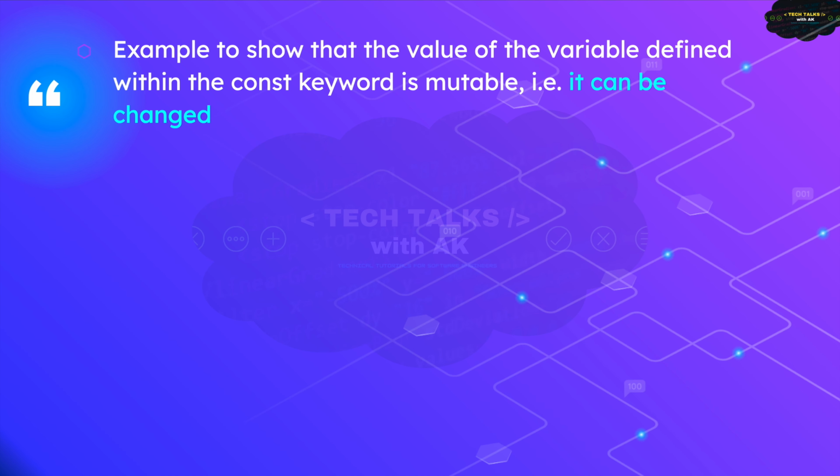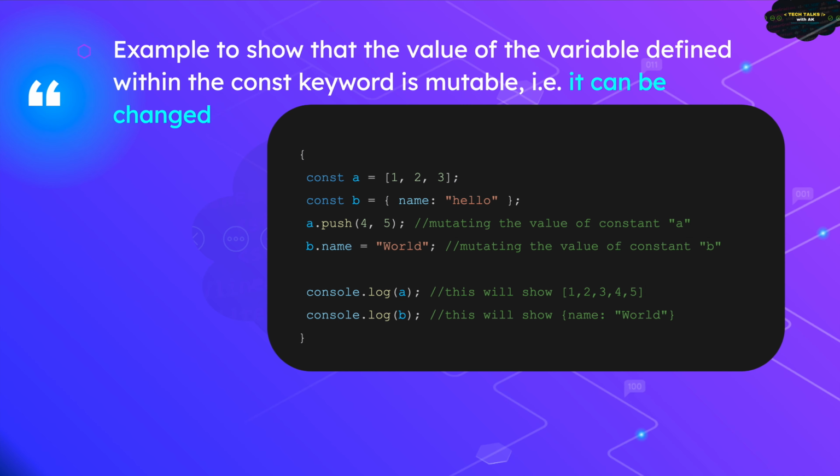Let's look at the example to show that the value of a variable defined with the const keyword is mutable. You heard it right, we can change it. So we have const a which has an array value which is 1 2 3. Then we have const b which has an object with name hello. If we say a dot push 4 and 5, we are mutating the value of const a.